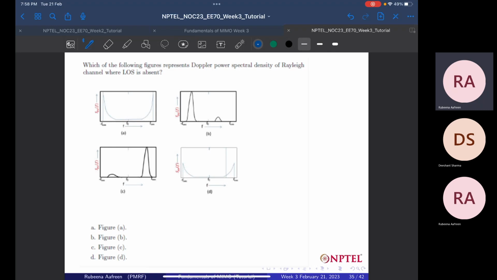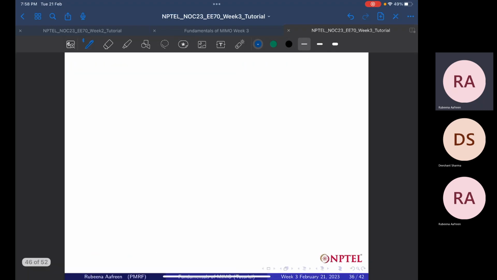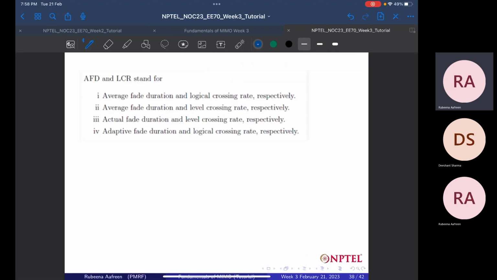This one I missed. Okay, this one will be discussed in the next class when we will see Doppler. This question is what AFD and LCR stand for. So LCR is level crossing rate and AFD is average fade duration.